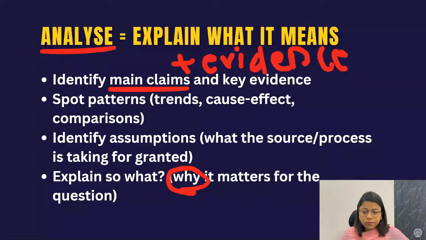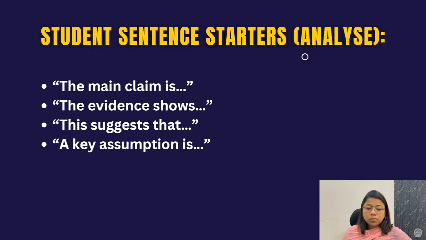Now the next word is how. Let's first understand how a learner will start a sentence wherever he or she wants to show analysis. The sentence could begin with: the main claim is, the evidence shows, this suggests that, and the key assumptions.